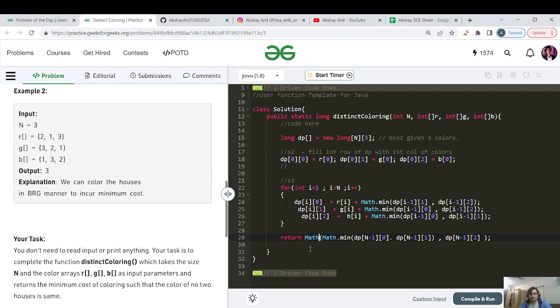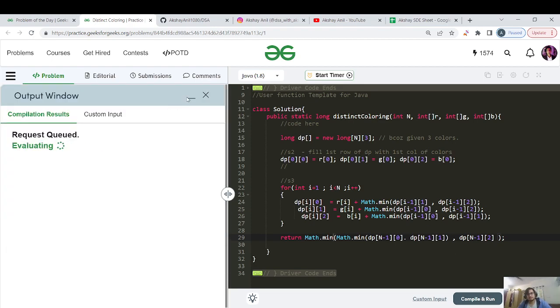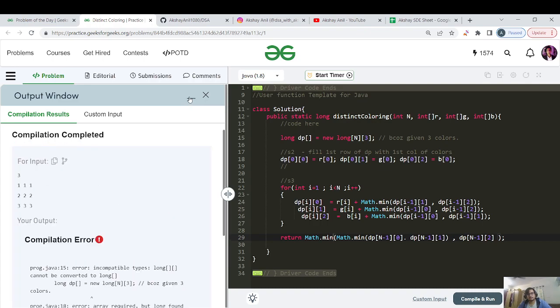I will say math dot min. I hope this logic is very clear to you. So let's compile and run and let's see for ourselves what is the time complexity that we are using here.